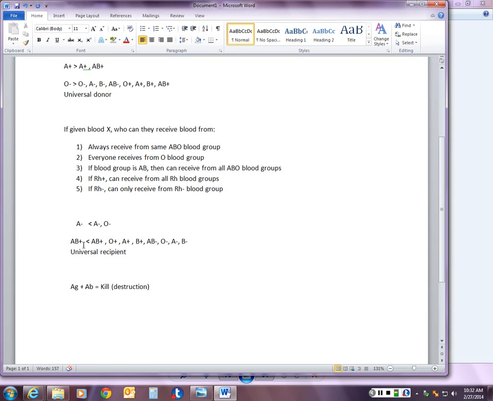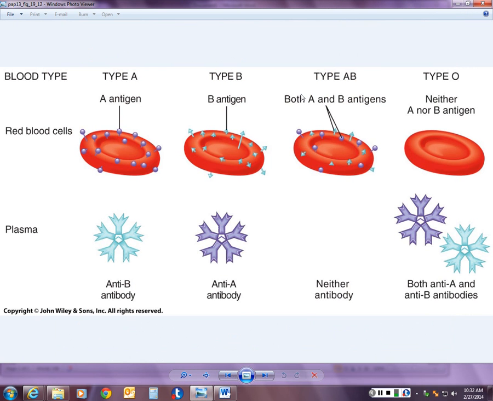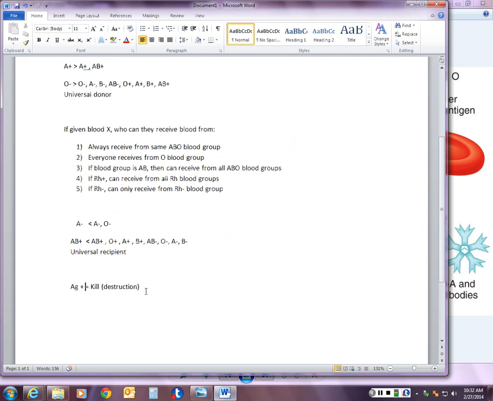Why are people who are AB positive the universal recipient? Because people who are AB positive never produce any antibodies. If we take a look back at our little chart here, notice people who are AB don't make either A or B antibodies. And I also told you that in order to make Rh antibodies, you had to be Rh negative, and people who are AB positive, rather, are not Rh negative.